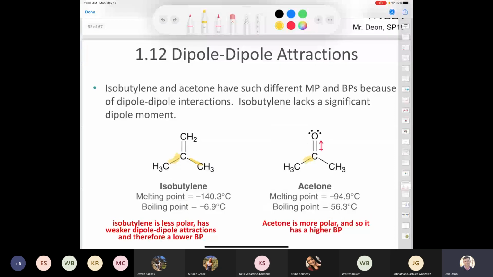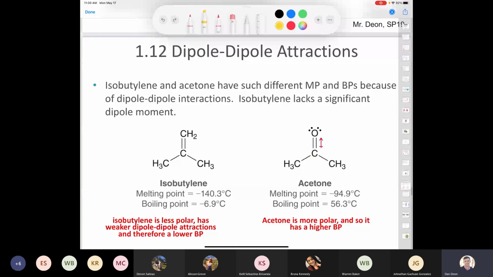Well, in isobutylene, there are no polar bonds, and so there's no dipole in isobutylene, right? So there are no dipole-dipole forces experienced between two or more molecules of isobutylene, and therefore its boiling point and melting point are much lower than those of acetone. Why?